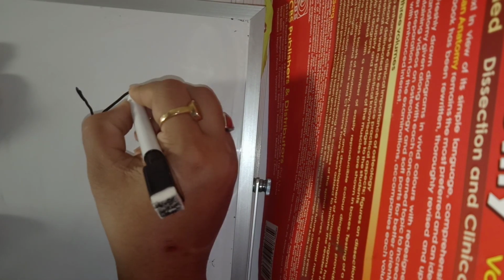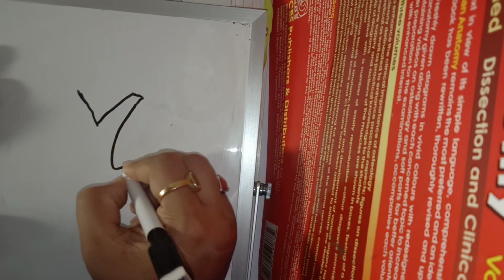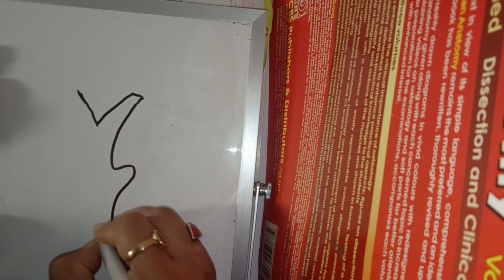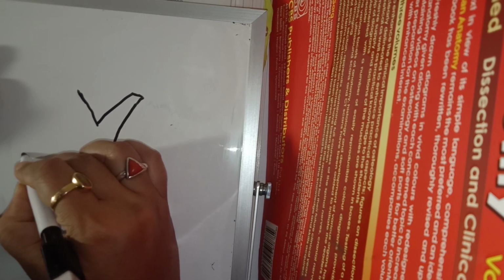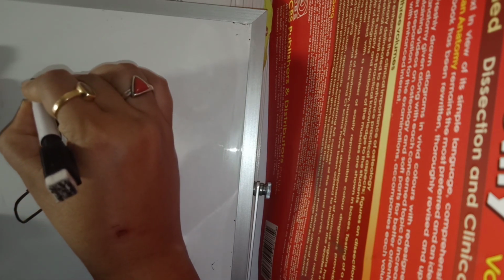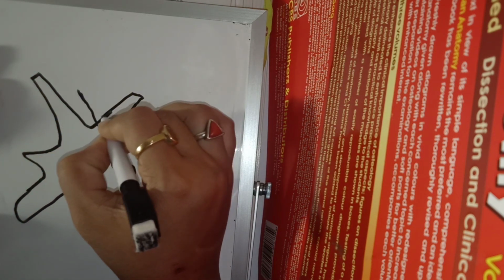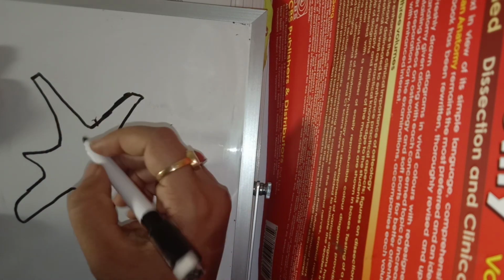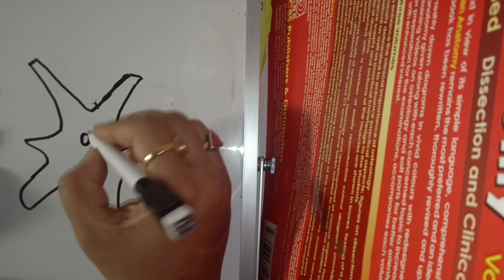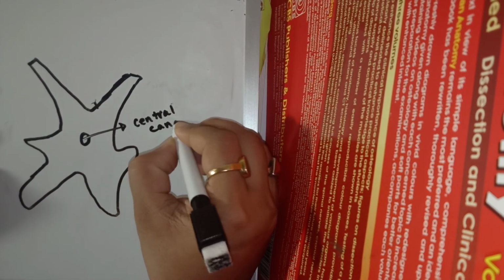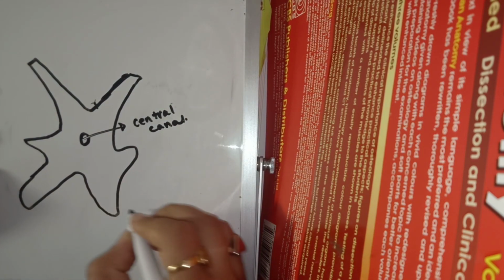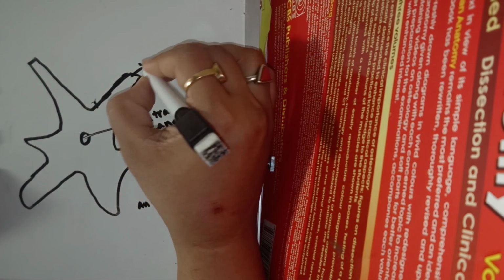So first I will draw a diagram. Okay, this is the gray matter of the spinal cord. First, what is this? It's the central canal. This is the anterior side and this one is the posterior side.